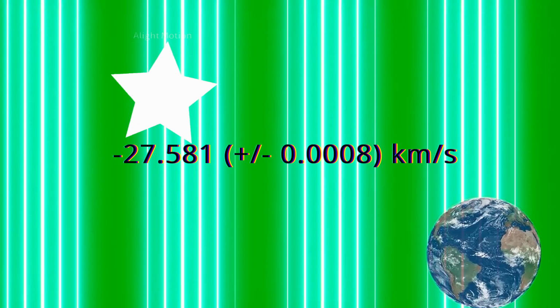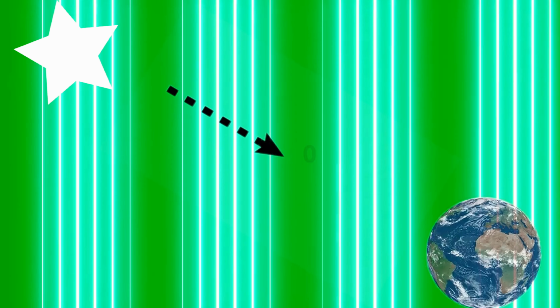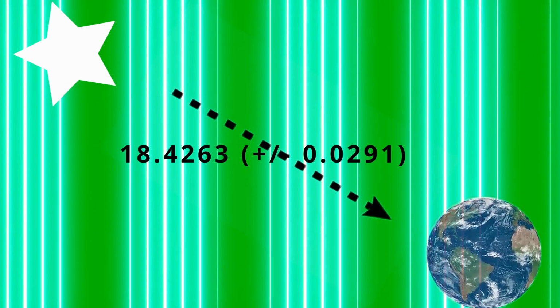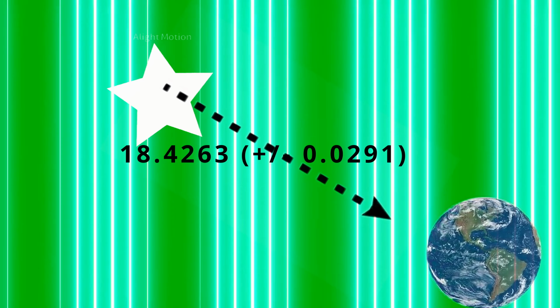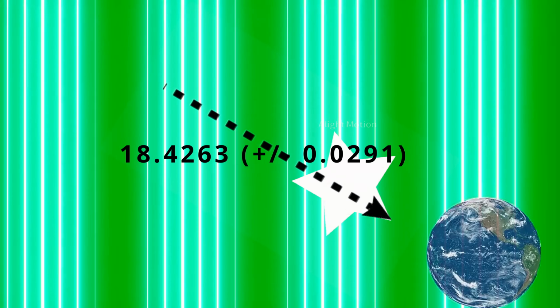Okay, we have Eta Sig, also known as 13 Sig, moving towards us at 27.581 plus or minus 0.0008 kilometers per second. It is located 18.4263 plus or minus 0.0291 parsecs from us.